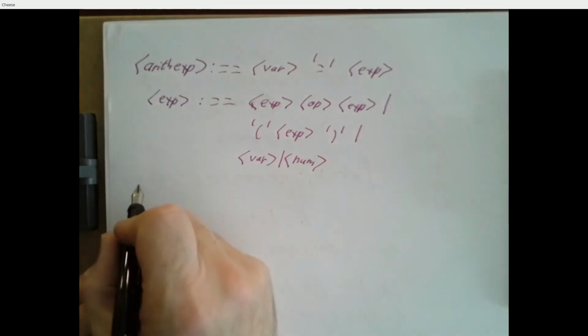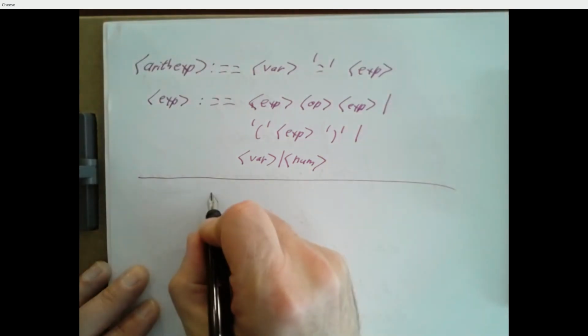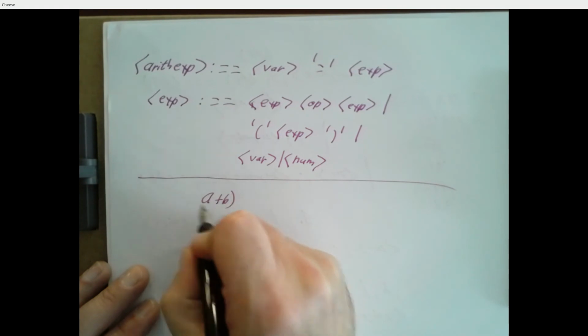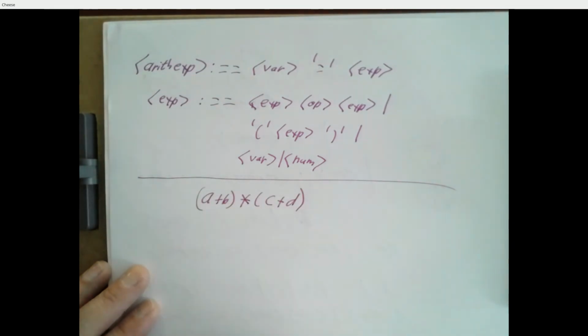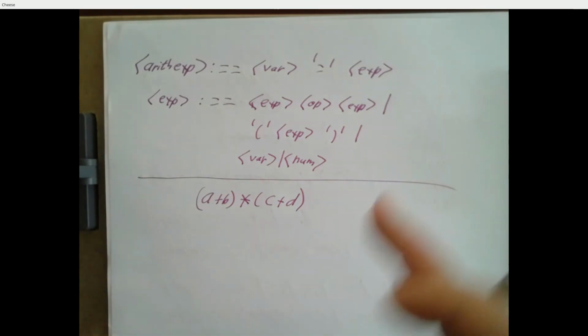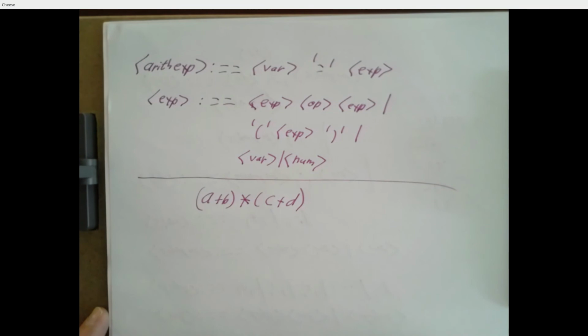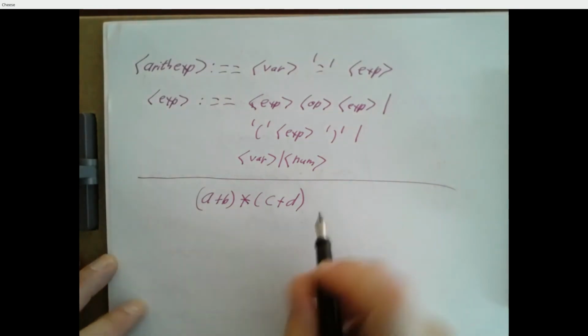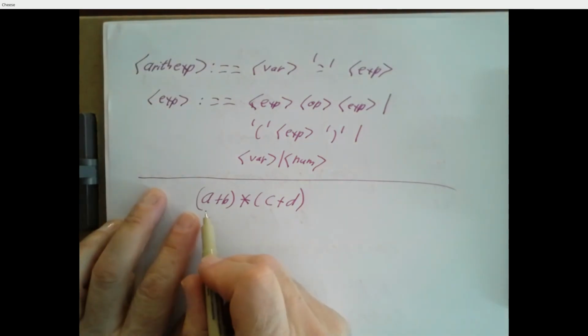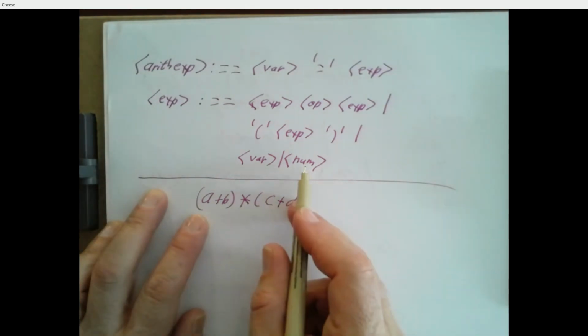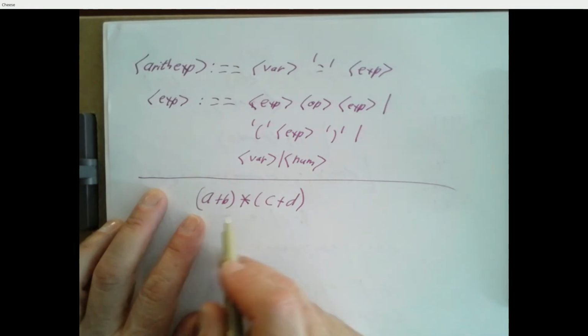But if we were to parse something like this, right, so operator is plus, minus, times, divide, and variables are variables, and numbers are numbers. If we wanted to parse something like this, it's not going to be just a variable or just a number, because it starts with a parenthesis.